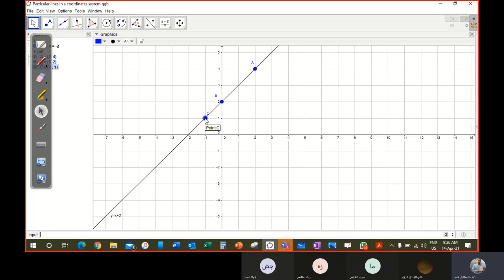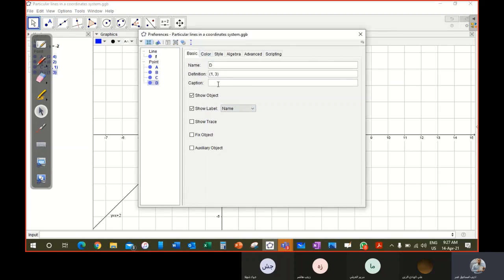To recapitulate on the line: we have the point 0, 2, it's already here, it's point B. And we have the point 1, 3. This is point 1, 3. Let me show their coordinates.